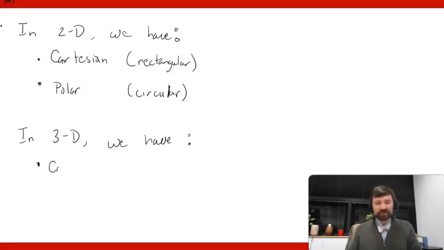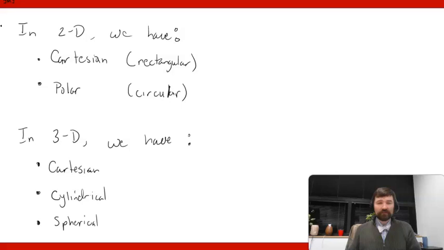Again, Cartesian. There's also kind of 2 versions of what might be called polar. There's cylindrical, which is essentially a blend between the Cartesian and the polar. And then there's spherical.